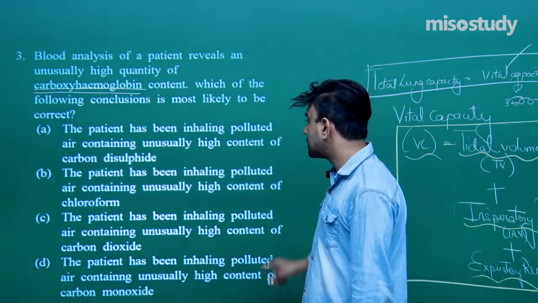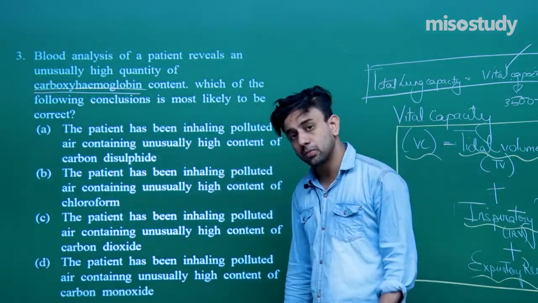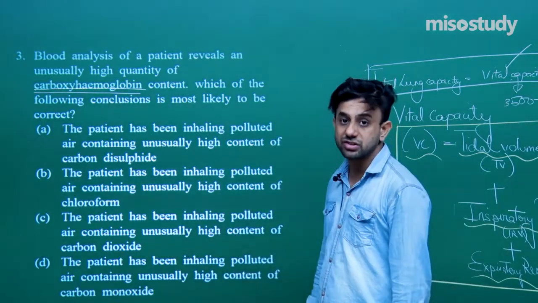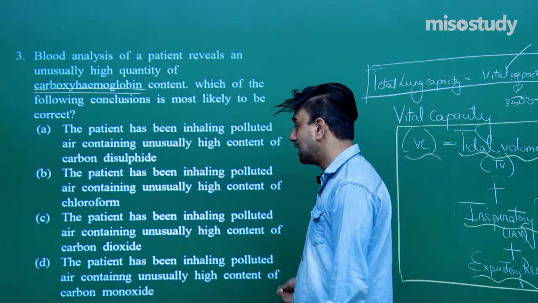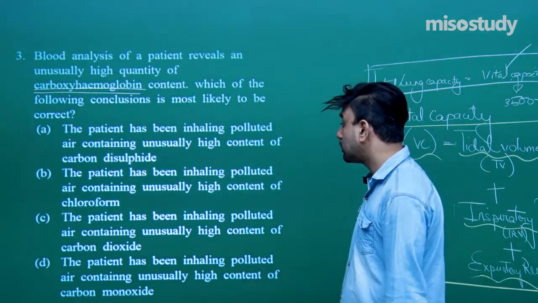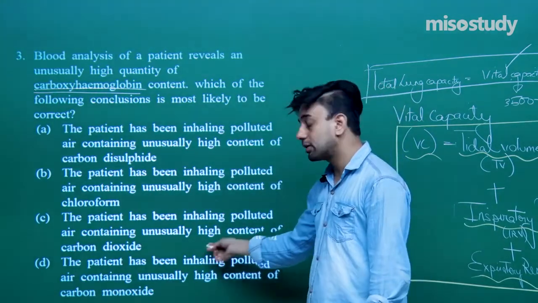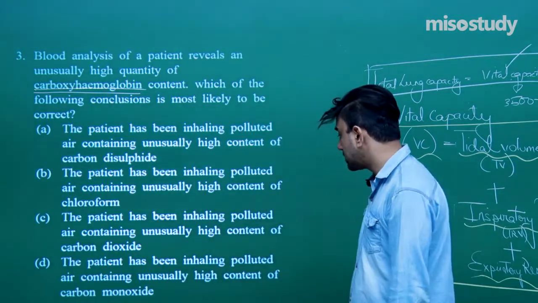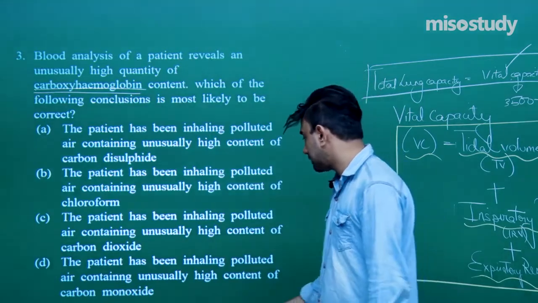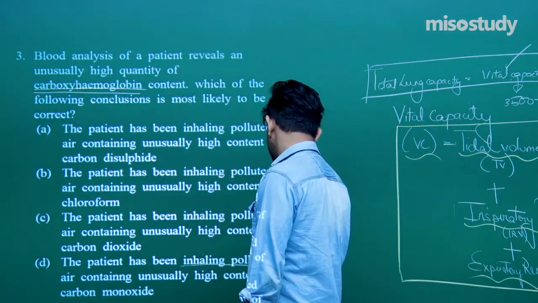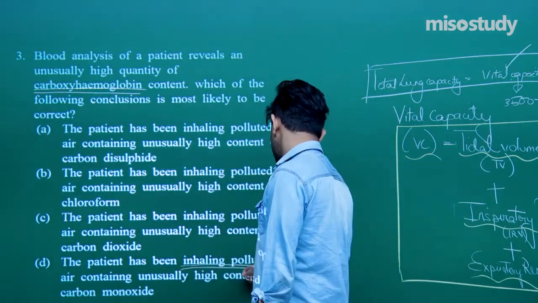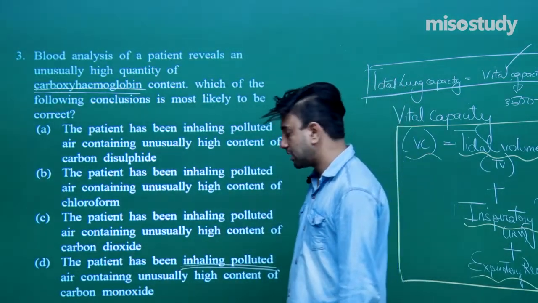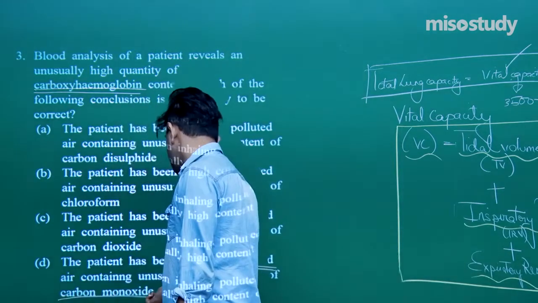Okay, the patient has been inhaling polluted air, right? Polluted air, fine, containing a high content of chloroform. Patient will get unconscious. Chloroform is used for unconsciousness. The patient has been inhaling polluted air containing unusually high content of carbon dioxide, again wrong. And then the next one, the patient has been inhaling polluted air containing unusually high content of carbon monoxide, right, carbon monoxide.